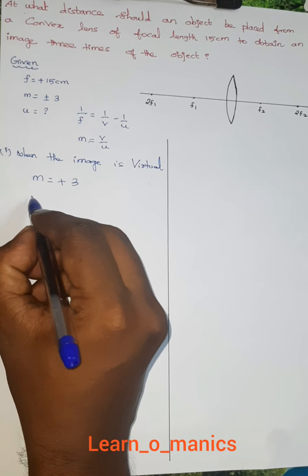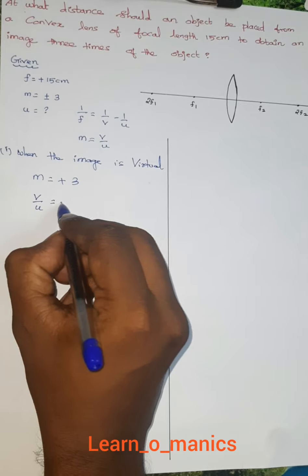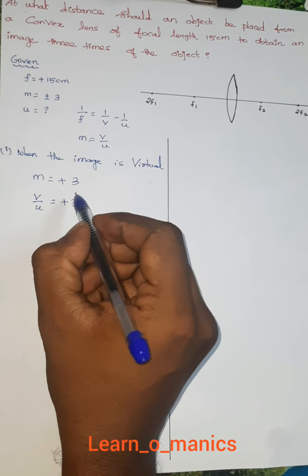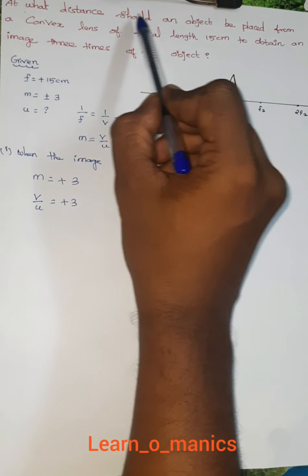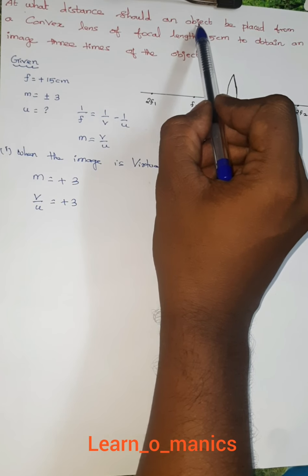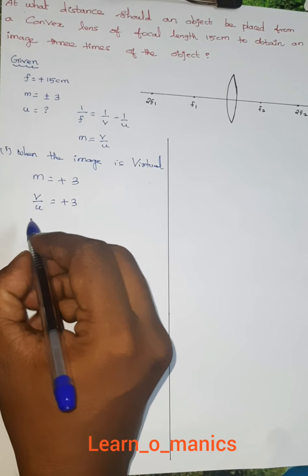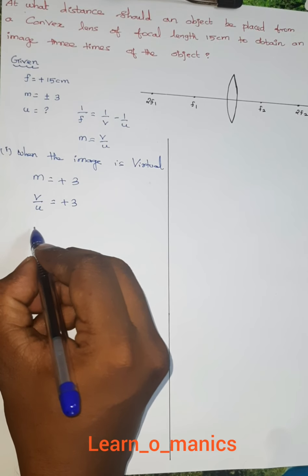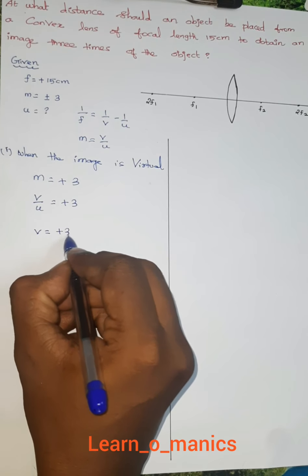So here I have the formula for m, that is v by u, which equals plus 3. In the question itself they have asked at what distance the object should be placed. That means I want to find the object distance, I don't want to find any image distance. So I change this in order to substitute, v equals plus 3u.